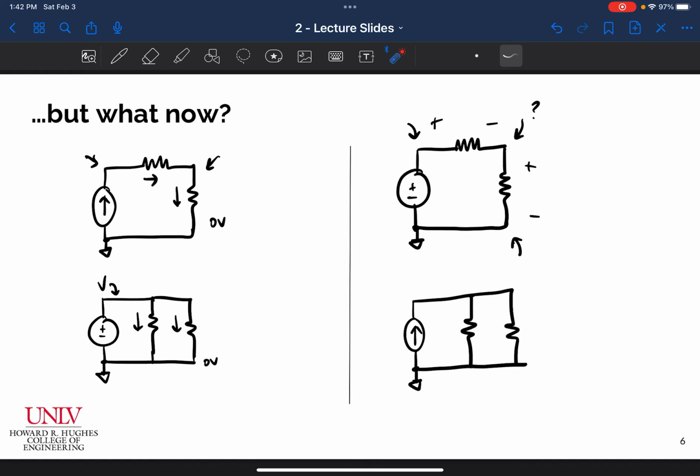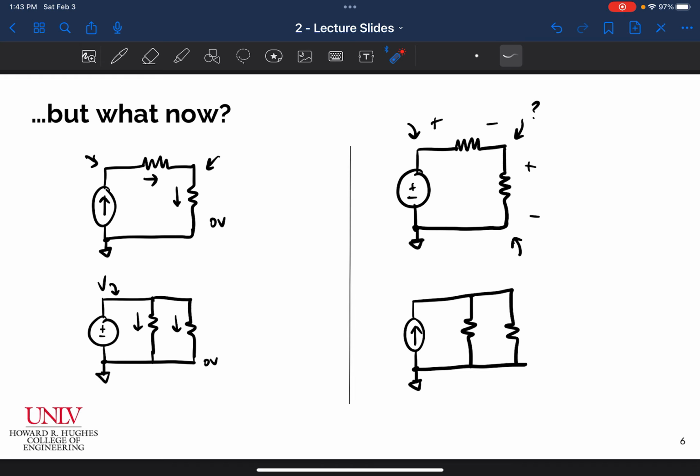I don't know how much current flows here, and I don't know how much flows here. And so I can't really determine my node voltage here, because I need to know the individual currents through these resistors in order to determine my voltage drop across each of these resistors. Of course, I know that ground is 0 volts, but that's about all I know. So I'm kind of stuck with trying to solve these two circuits.